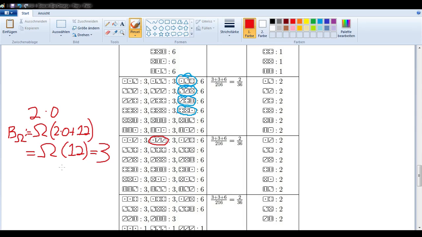So in other words, we need not only V1, we also need V3. So we need the 1 and the 3. And that's what we have here, the 1 and 3.